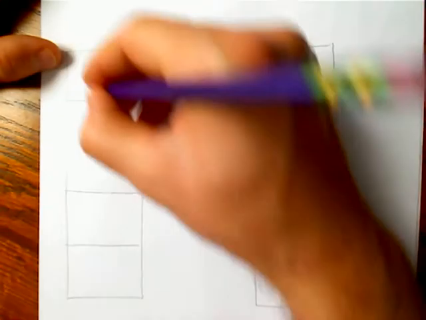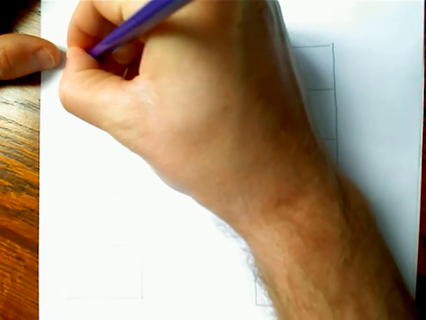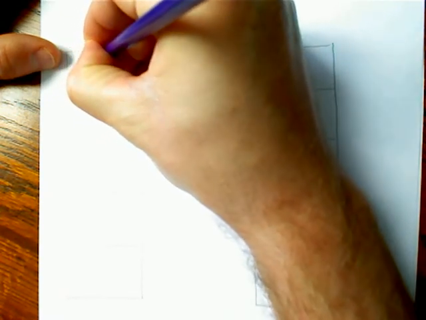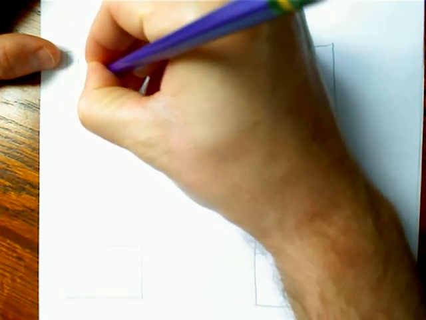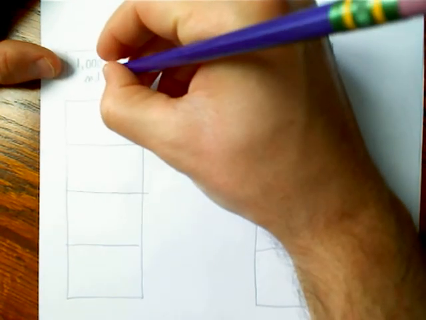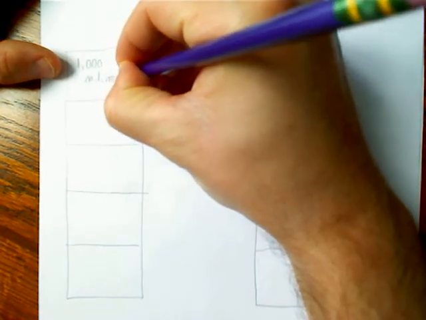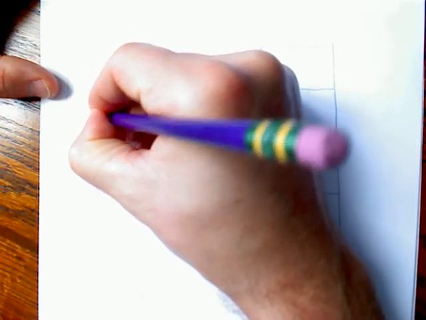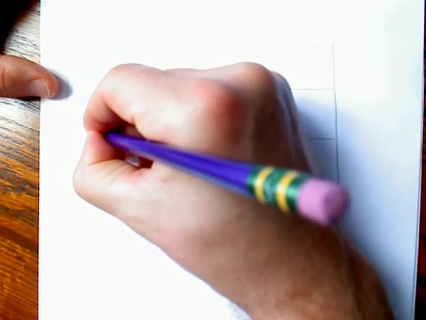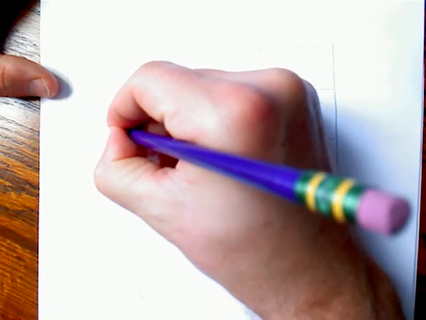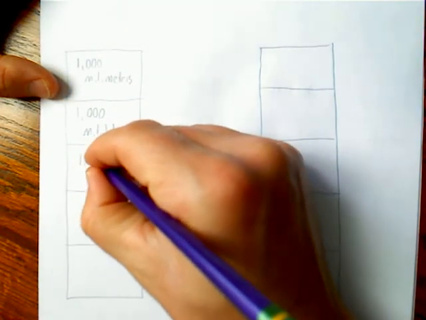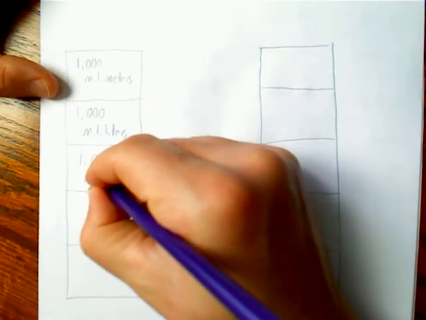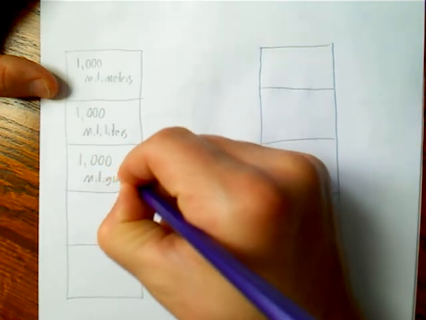So I'll start with 1,000 millimeters. I'll do 1,000 milliliters. I'll do 1,000 milligrams.